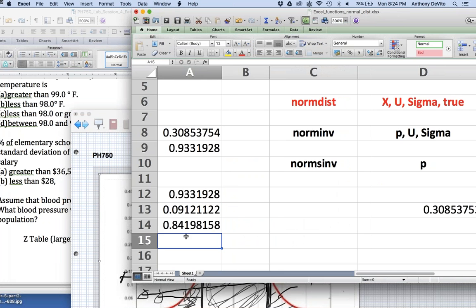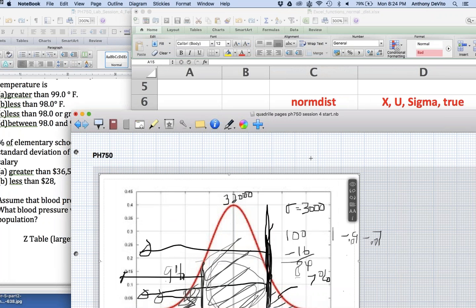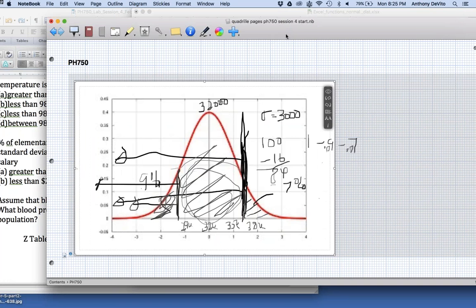One of the other things I might do here, if I was looking for the area below 28,000, is something interesting. I'm going to say to myself, how many standard deviations below the mean is that? Well, the mean was 32,000 minus 28,000, a difference of 4, right?